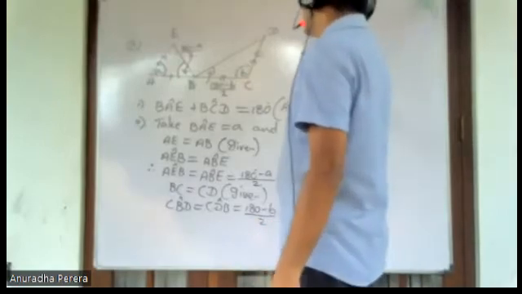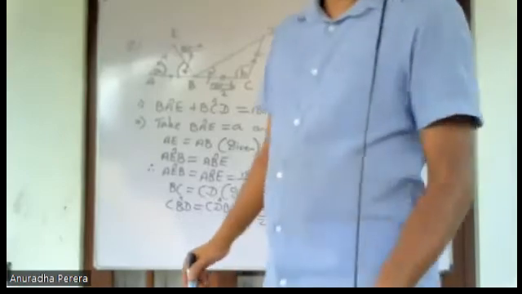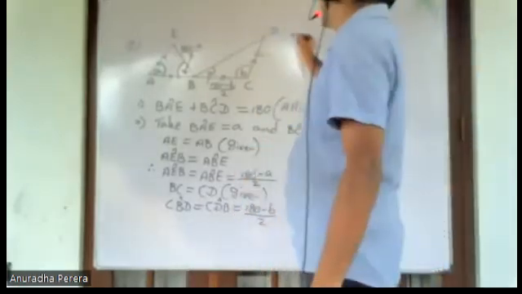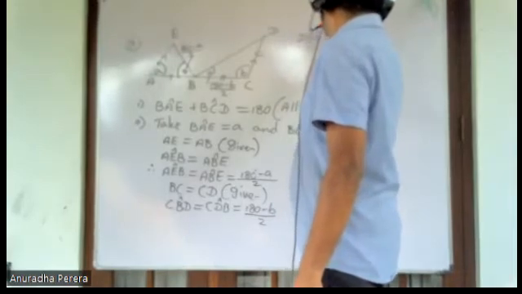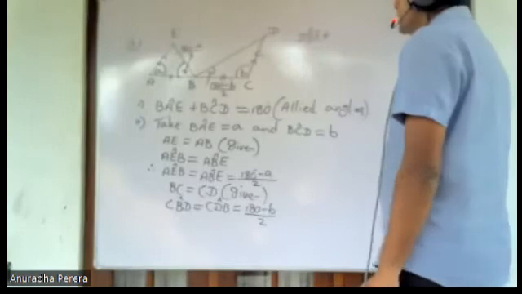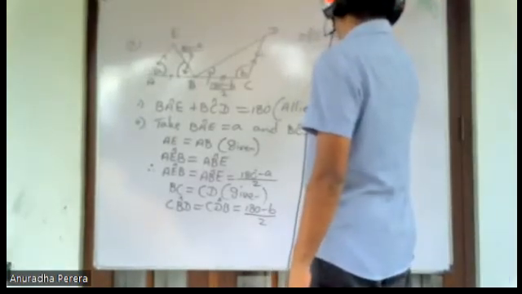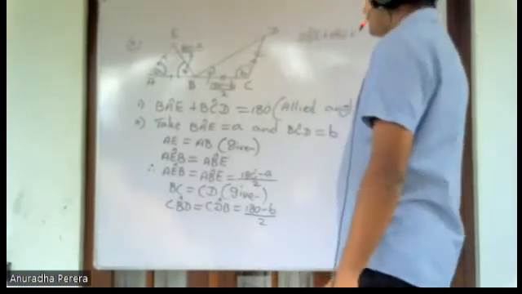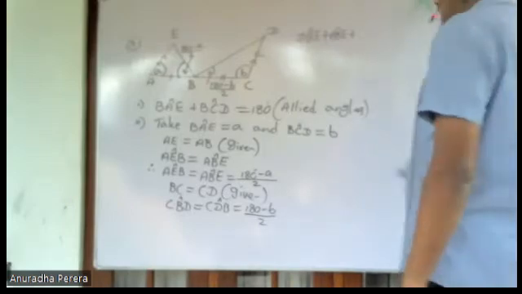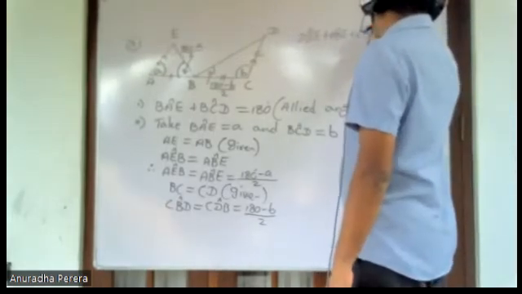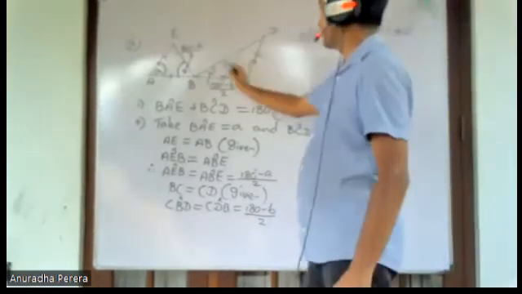You can write DBE plus ABE plus CBD equals 180 degrees. The reason, you know the reason, angles on a straight line, right?